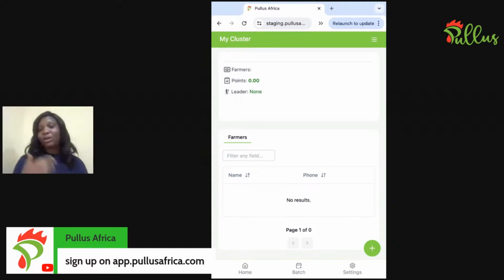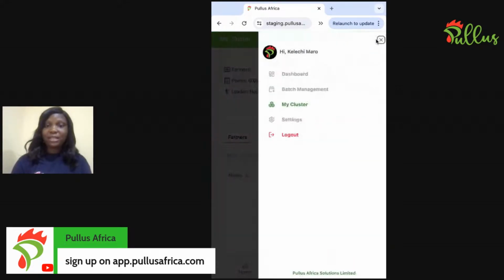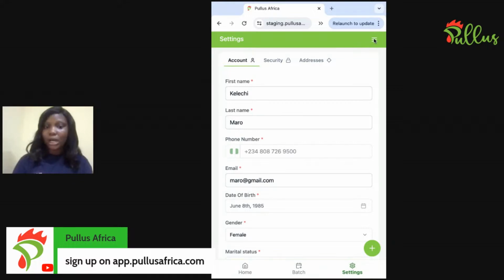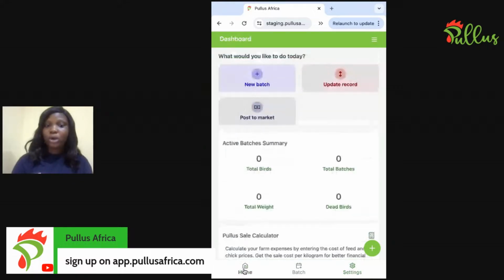You can always reach out to your cluster leader, and your cluster leader has access to update your batch records and all of that with your permission. Okay. So here you have settings. We're on that page at first where we had to update our records and things like that. So let's go back to our dashboard and create a new batch.